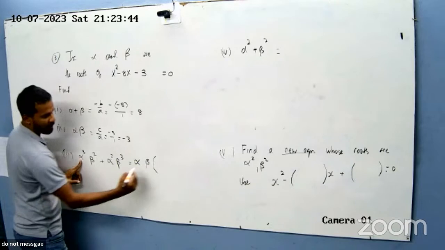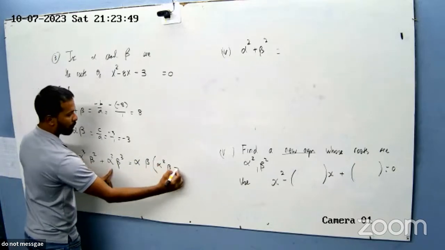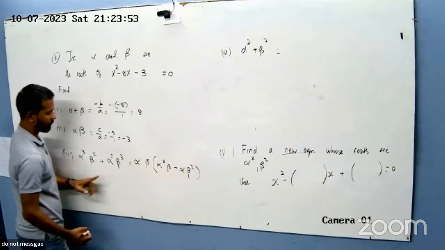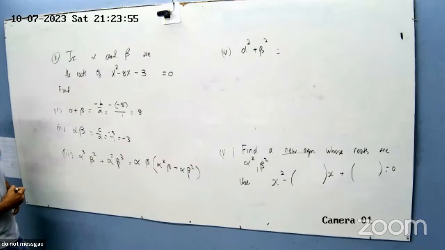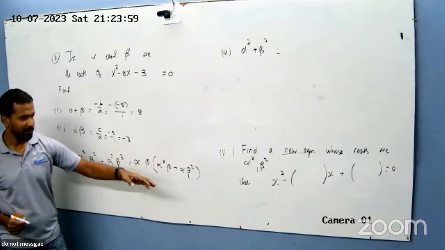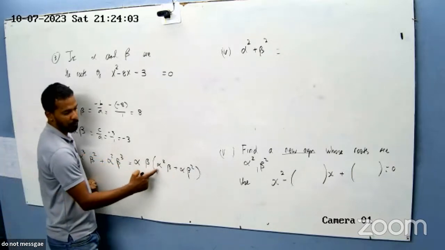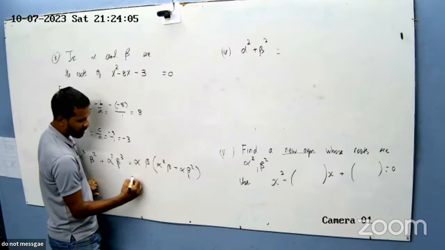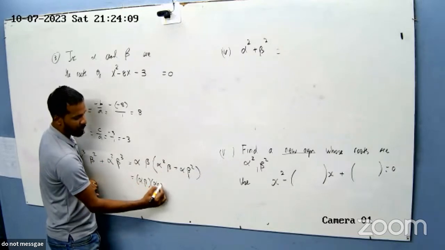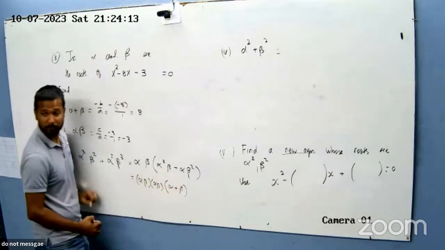You would have gotten alpha squared beta plus alpha beta squared. But the problem is, we still don't have this. You might have recognized that I could factor out alpha beta again, and I will end up with alpha plus beta.